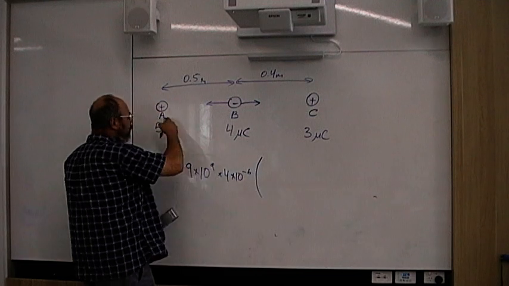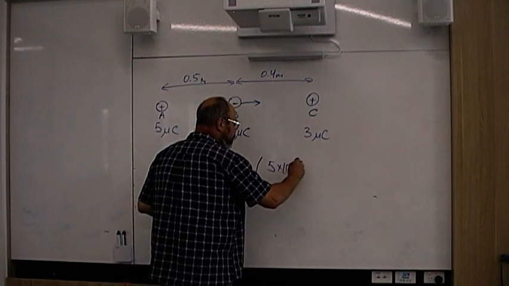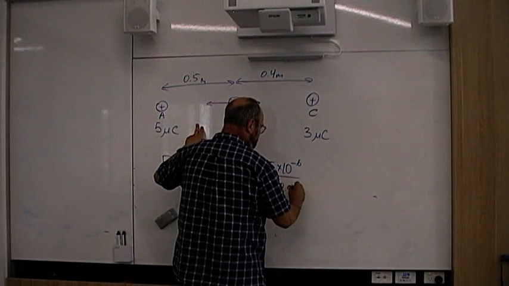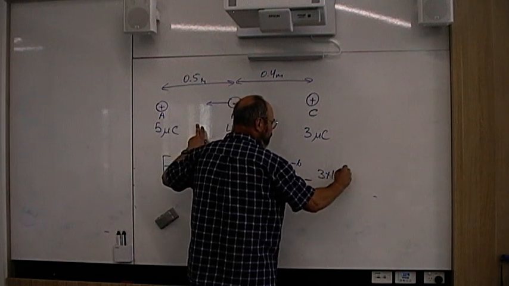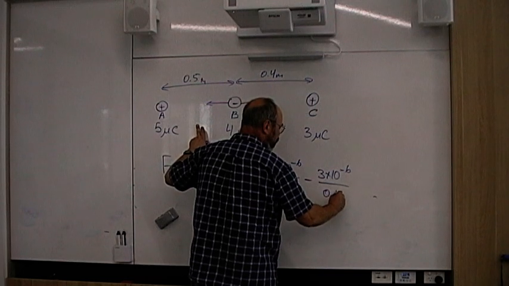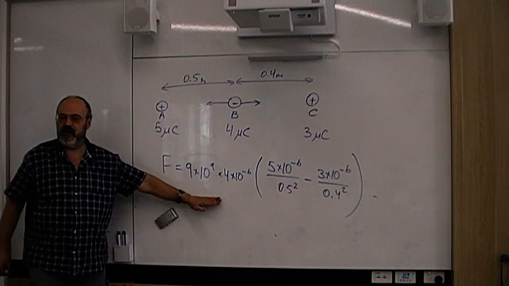And we have 5 times 10 to the negative 6 divided by 0.5 squared minus 3 times 10 to the negative 6 divided by 0.4 squared. Does that make sense?